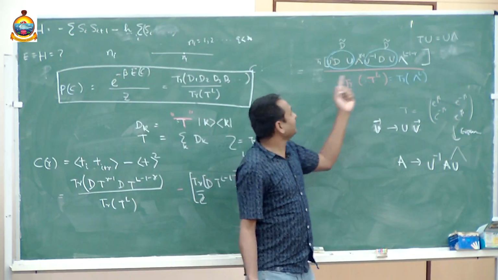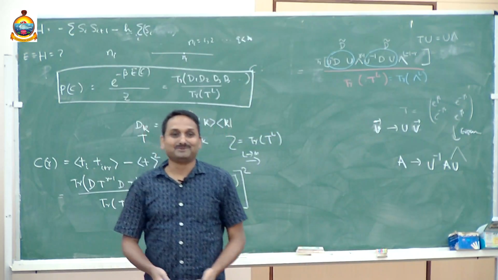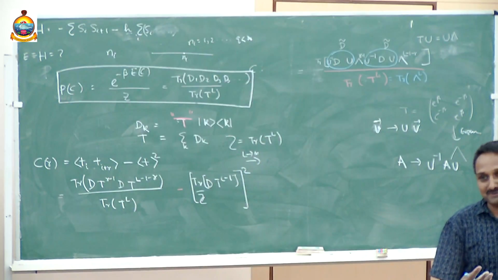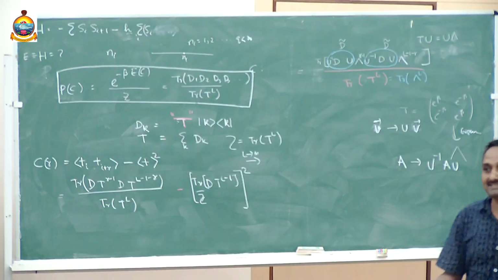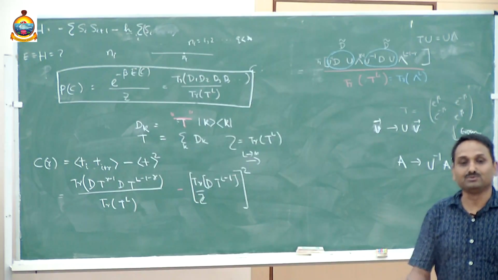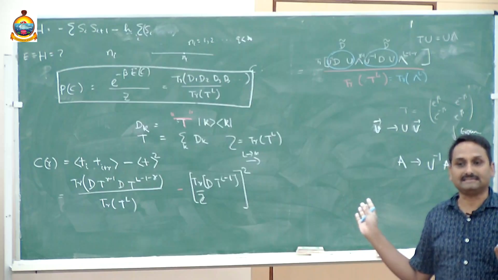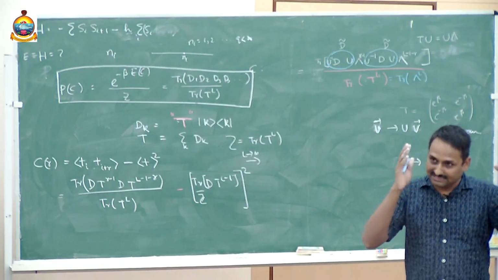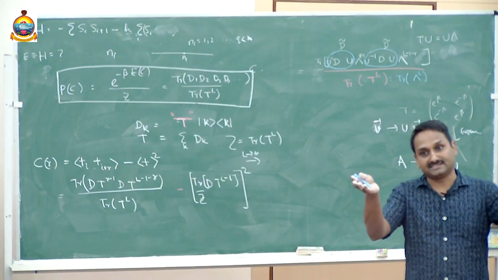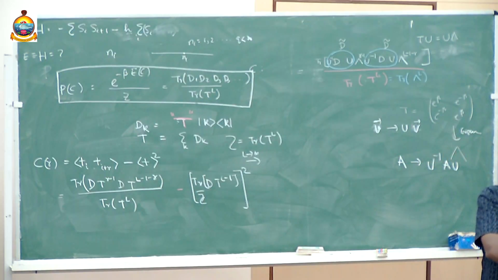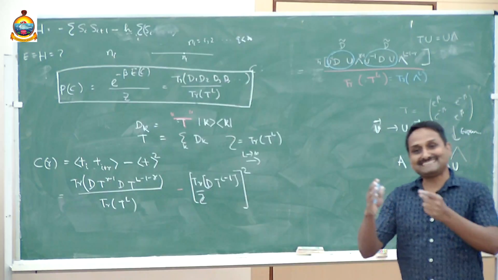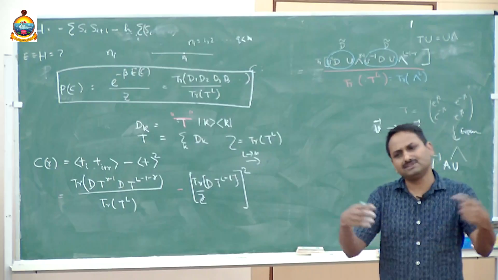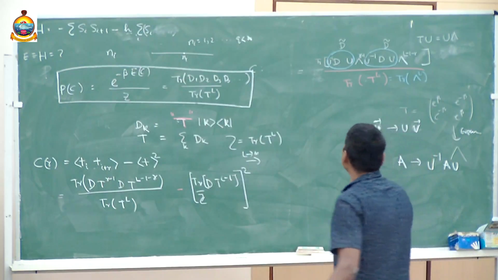I calculated it in front of you, so don't look at me with mistrust. I'm just representing this. All I'm saying is that when you are looking at these matrices, just think that you are writing them in the eigen representation. Whenever there is a T, just put the corresponding diagonal matrix. Whenever there is another matrix which is not T, write its corresponding transformed matrix. Then it will be the same thing. That's what I'm doing.